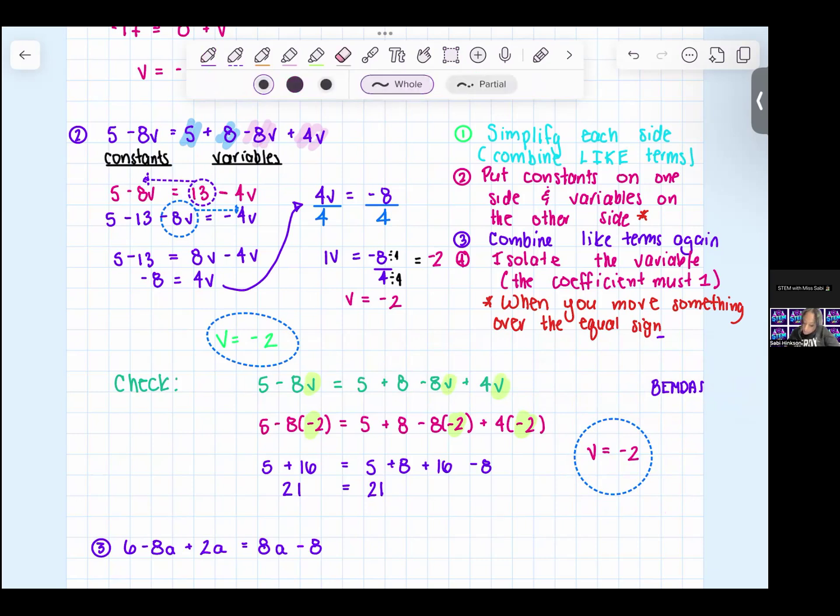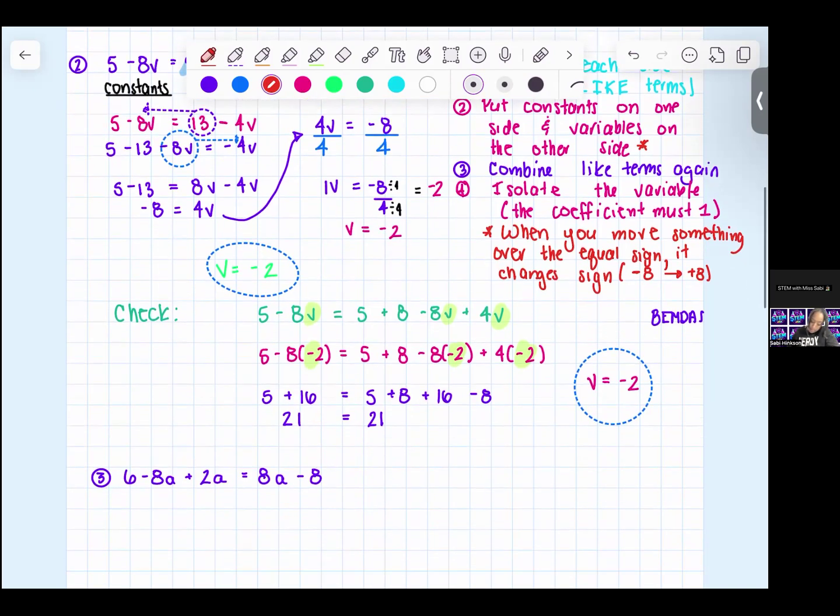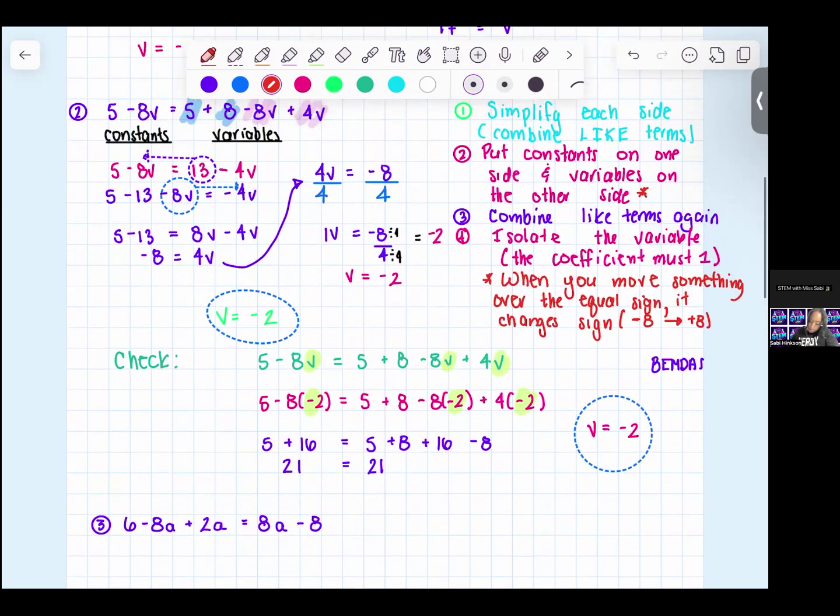So when you move something over the equal sign, it changes signs, right? So something that is negative will become positive, okay? Once you move it over the equal sign. Okay, so that was messy, but you get the drift.